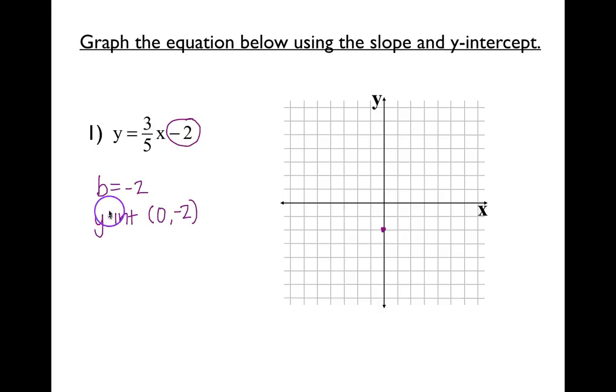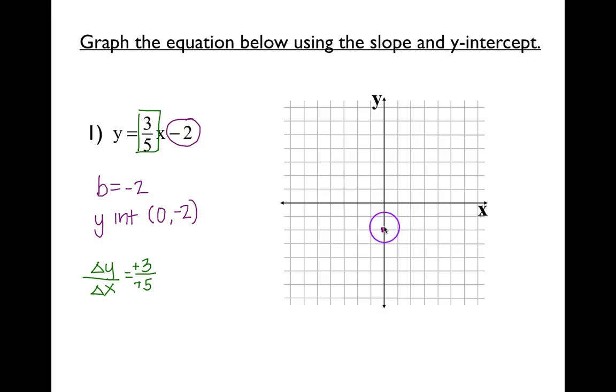Now I'm going to use my slope. My slope is this value here, which is 3/5. Slope is the change in y over the change in x, so delta y over delta x. So here there's a change of +3 and there's a change of +5.